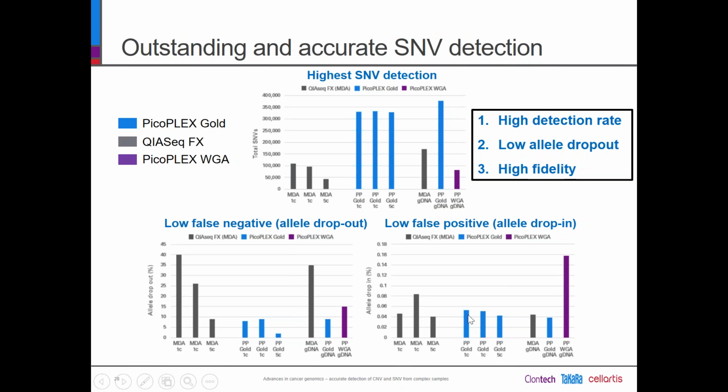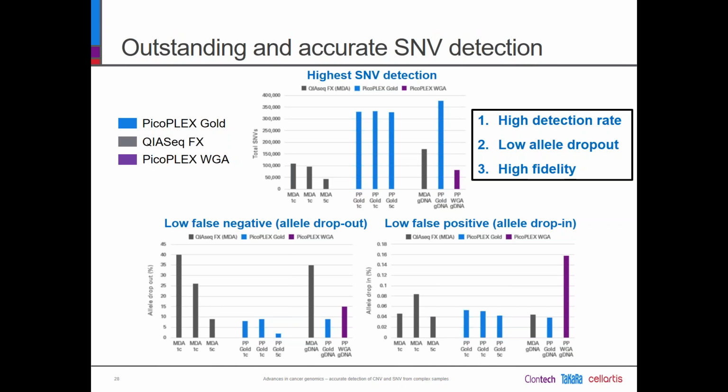Here we are reaching 0.05% of alleles dropping in. So this is even performing better than MDA here in gray.